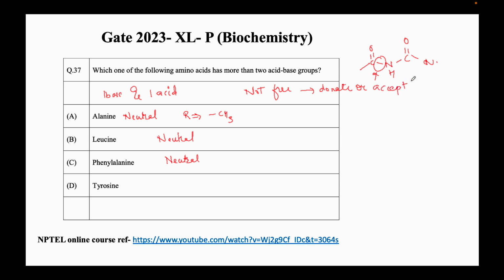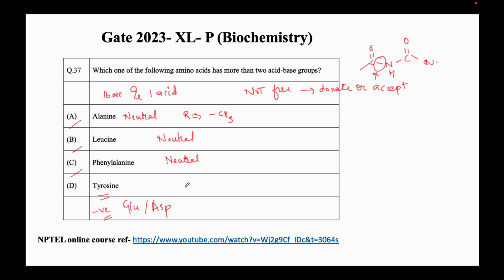So in a polypeptide, alanine, leucine and phenylalanine are neutral amino acids, whereas there are different charged amino acids, and one example of a charged amino acid is tyrosine, right? Another example is glutamic acid, aspartic acid. These are all negatively charged amino acids.